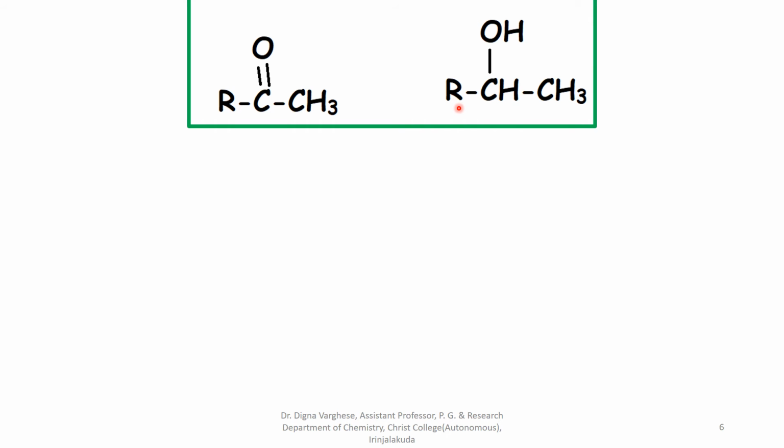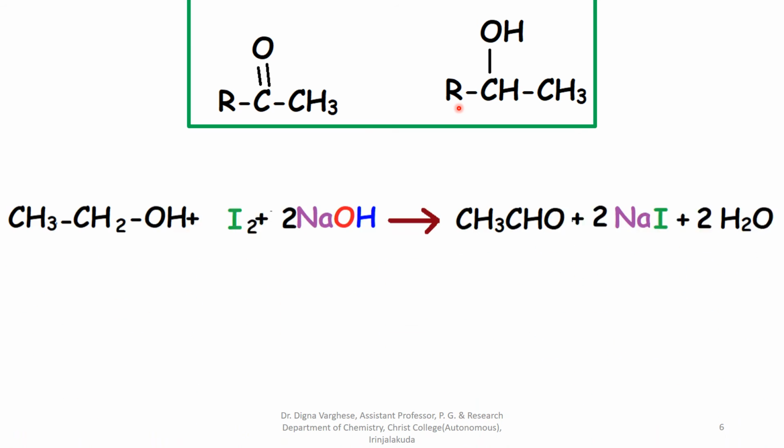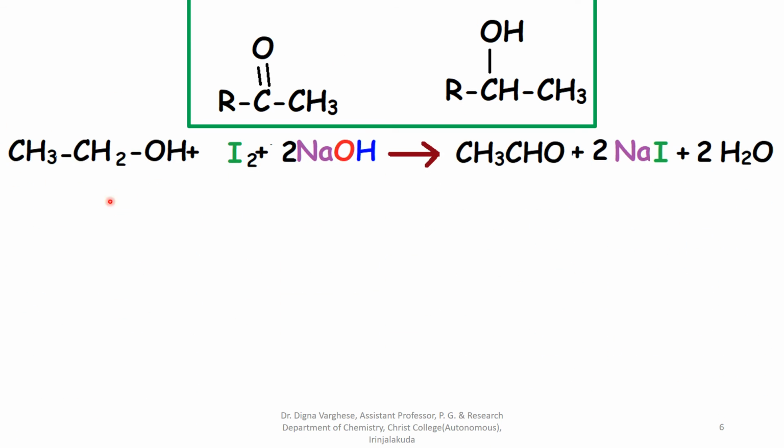Here you can see the haloform reaction from alcohol. First, the ethanol molecule reacts with iodine and alkali. It will form, by oxidation of alcohol, an aldehyde. Here it is acetaldehyde with sodium iodide and water.